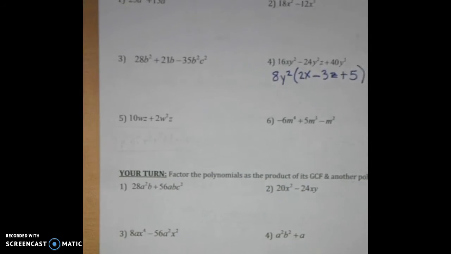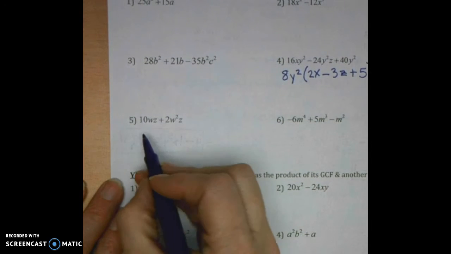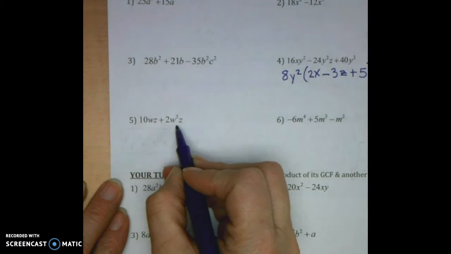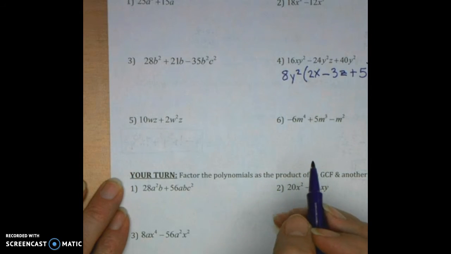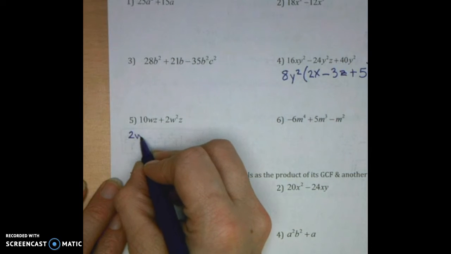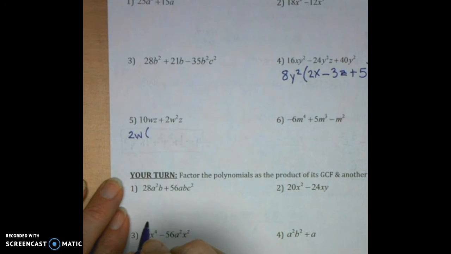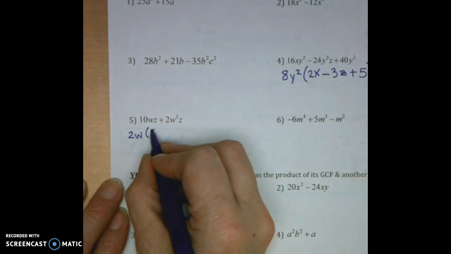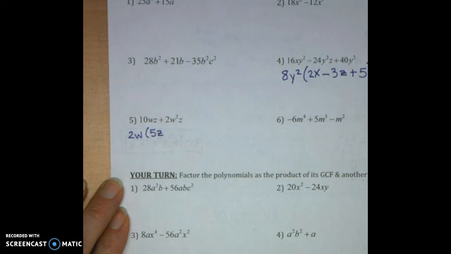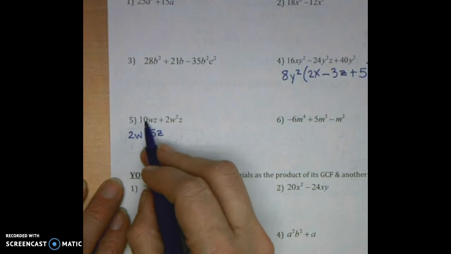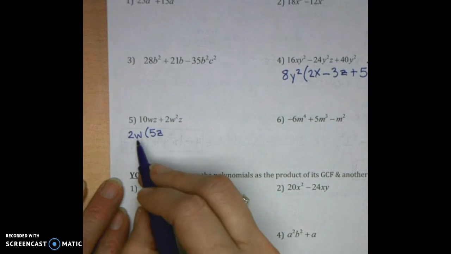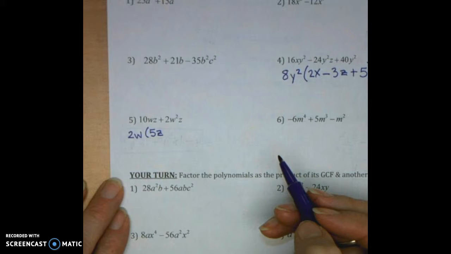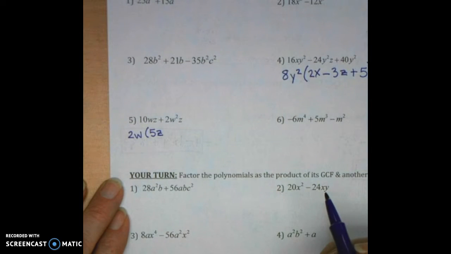Okay, I'm going to look at problem number 5 here on this video. 10wz plus 2w squared z. I can take out 2w from each of those terms. 2w goes into 10wz 5z times, right? 2 goes into 10 5 times, w goes into w 1 time, and nothing is dividing into that z, so I just keep z the same.